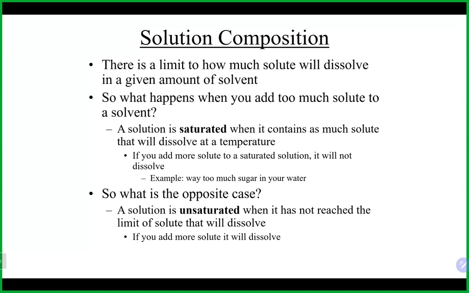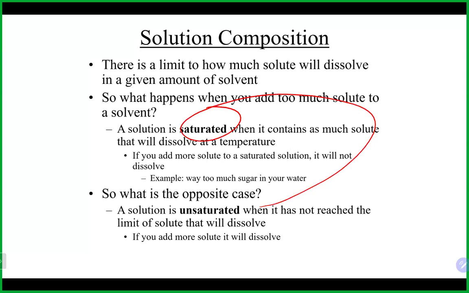In an unsaturated solution, you haven't hit that point yet, which means that you have some room to dissolve more solute. So if you have an unsaturated solution, you could continue to dissolve the solute in the solvent, and it will continue to dissolve, really until you hit a saturated solution.